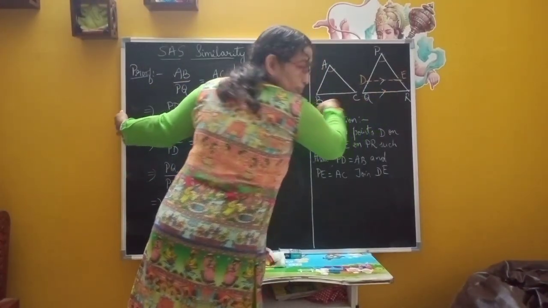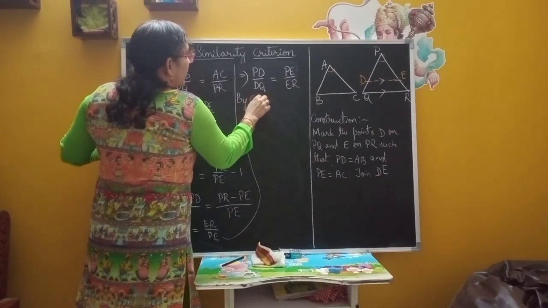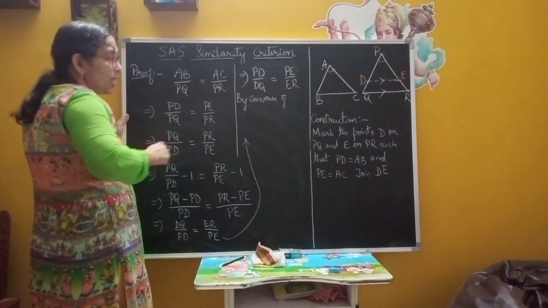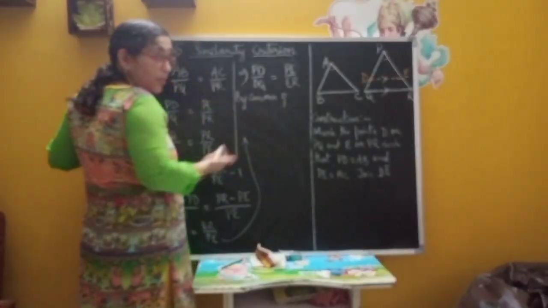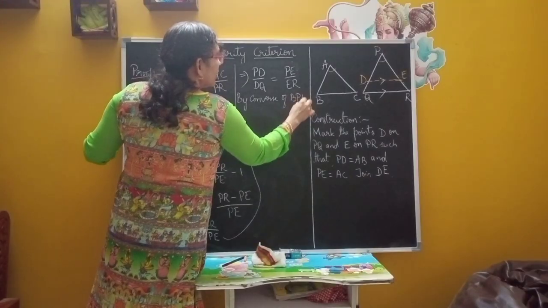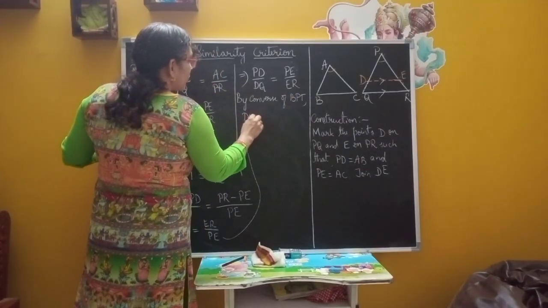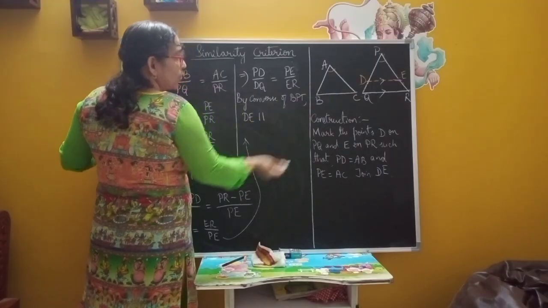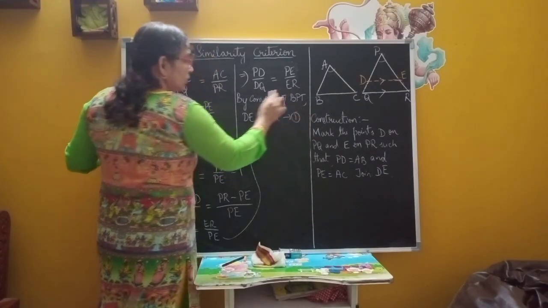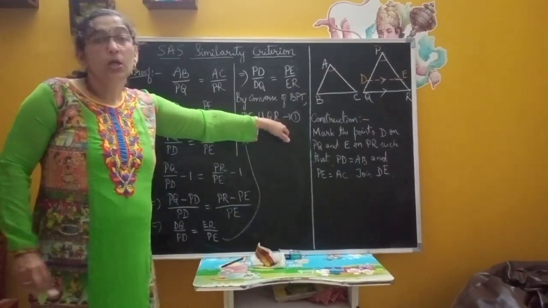We have proved it by the converse of BPT, or the converse of Thales theorem: DE is parallel to QR. So we have proved one result now. By this, what do we say?